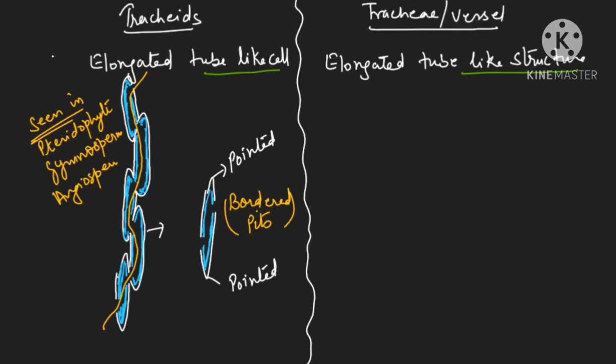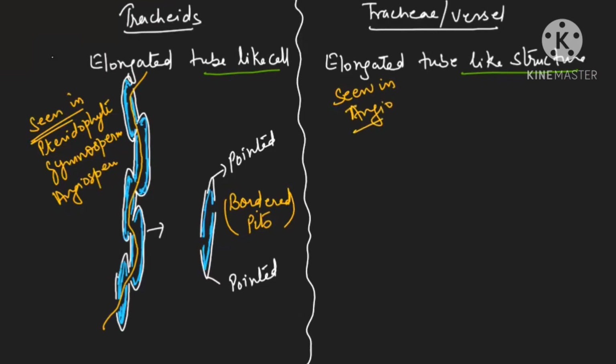And that is why in angiosperms, we say the tracheids are working as fibers and are known as fiber tracheids. Because the conduction work in angiosperms is given to vessels. So vessels are seen in angiosperms.